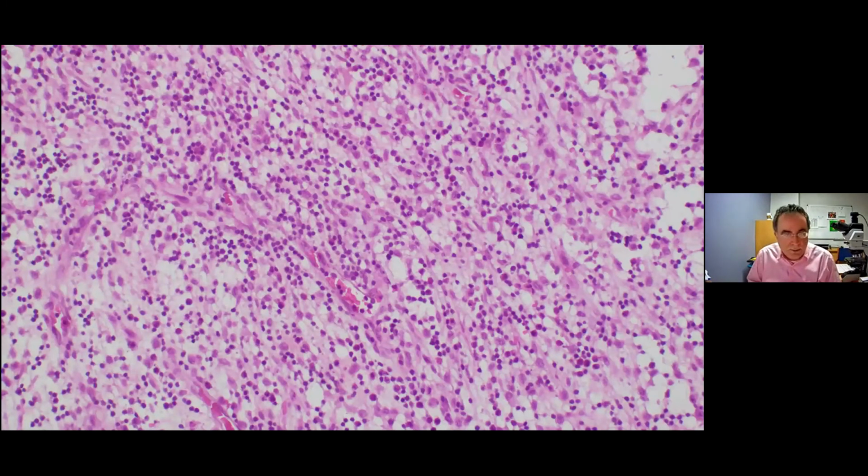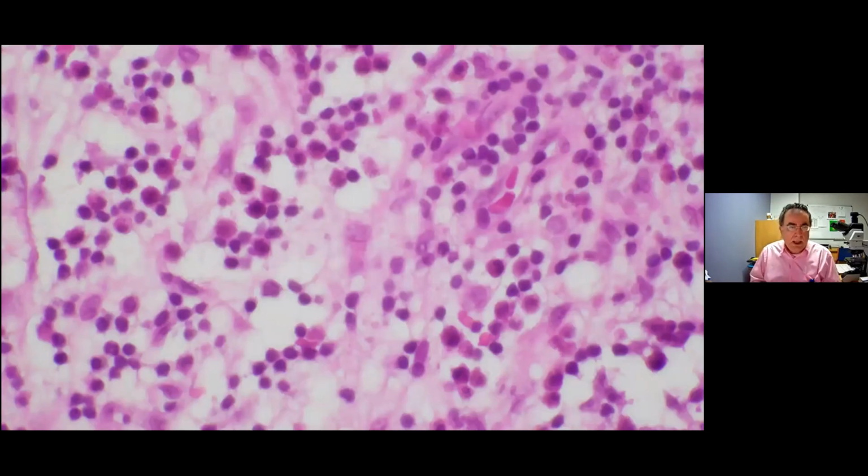And so this is intermediate power, and you can see that the lesion is composed of mostly mononuclear inflammatory cells. And next slide. And the larger cells with the eosinophilic finely granular cytoplasm are eosinophils.